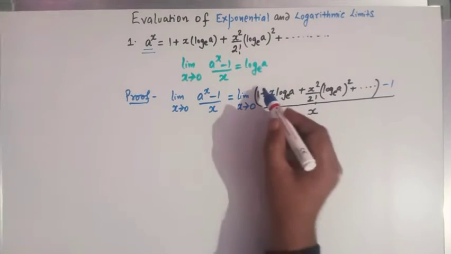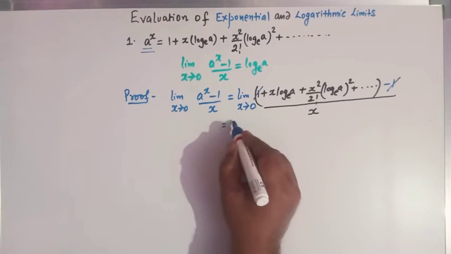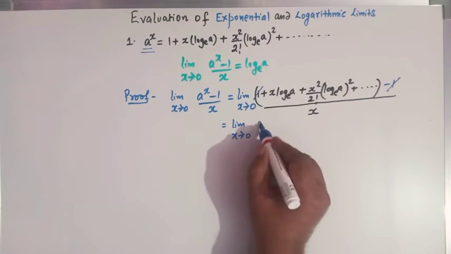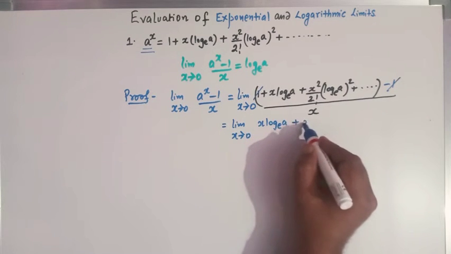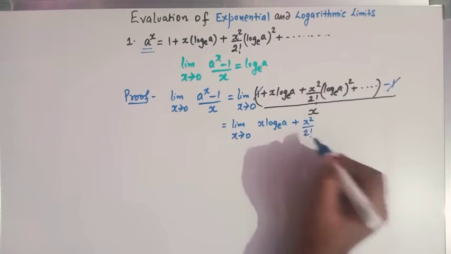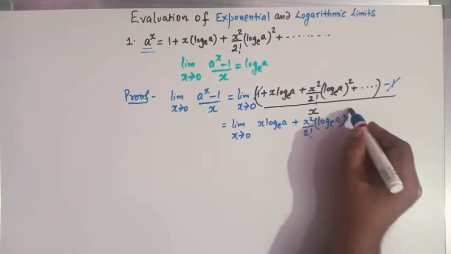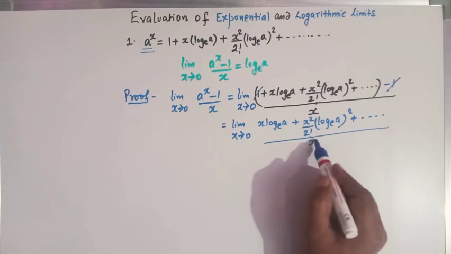Now see, this 1 and this 1 get cancelled, so we have limit x tends to 0 of x log ea plus x square by factorial 2 log ea square, and so on, right, divided by x.